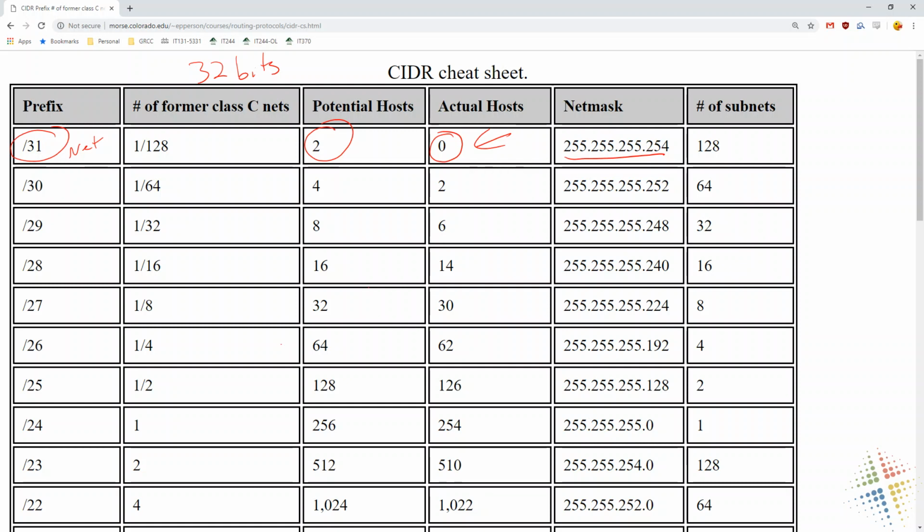So the next largest network, or I guess smallest network I can have, is a /30 with a subnet mask of 255.255.255.252. I now have 2 bits.